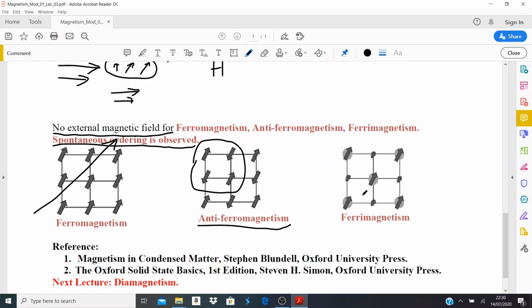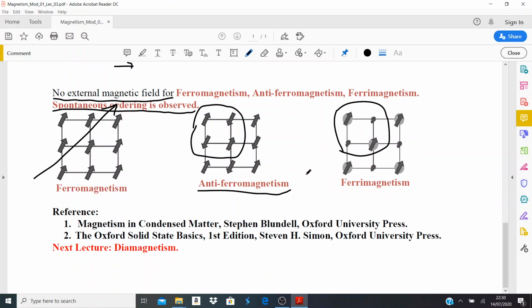So in this case, if somebody asks you, if this is the unit cell, right, then what will be the magnetization? If you look carefully, two of these big moments are pointing in this way, two of the small moments are pointing this way. So there will be a cancellation, but it will not be a net cancellation. So in the unit cell, we will have some net magnetization. This sort of material is defined as a ferrimagnet.